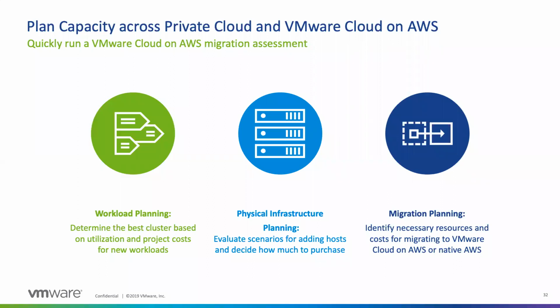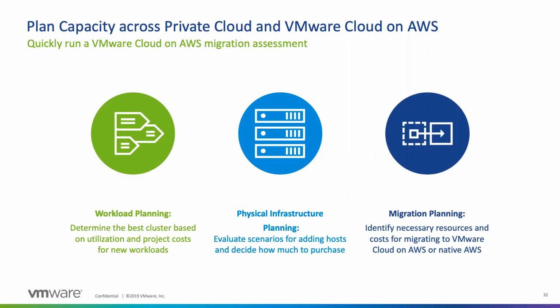You want to put those in as subscriptions to either 1 or 3 year to achieve the discounting, and then run the fluctuating workloads up and down as on demand. And you can mix and match that within a cluster, within an SDDC, but you really need to plan that out. And that's something that we have TCO tools for. We have tools that can help you to do that. Again, talk to your account team and we can get those to you. So you can make intelligent decisions there to minimize the cost to you.